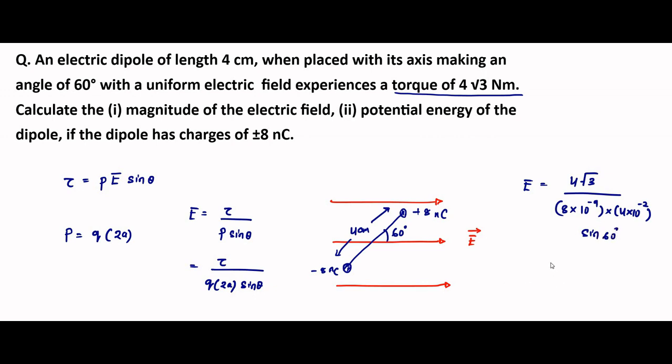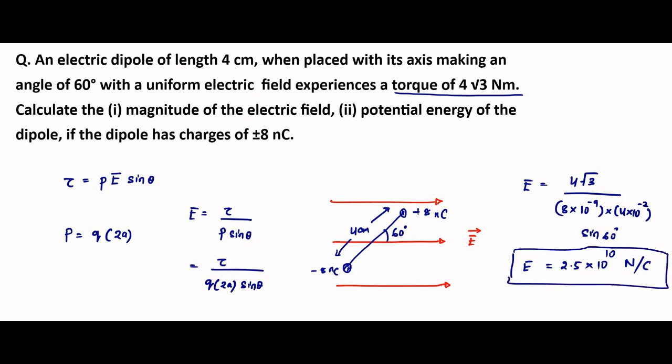Okay, so the magnitude of the electric field is coming around 2.5 × 10^10 newton per coulomb or volt per meter. So this is the value of the electric field.